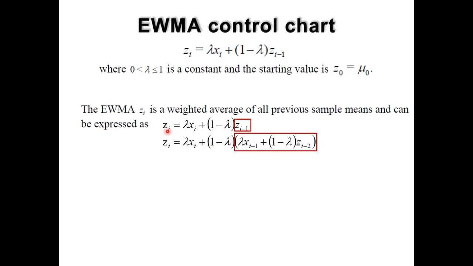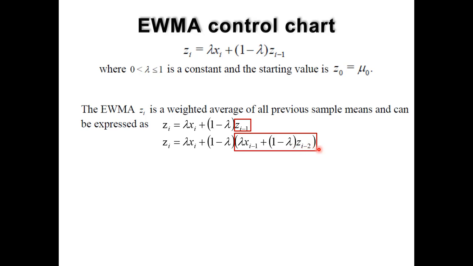for Zi, it will be lambda Xi plus 1 minus lambda times Z i minus 1. Therefore, the value of Z for i minus 1 can be computed by this formula, which is lambda times X i minus 1, plus 1 minus lambda times Z i minus 2.